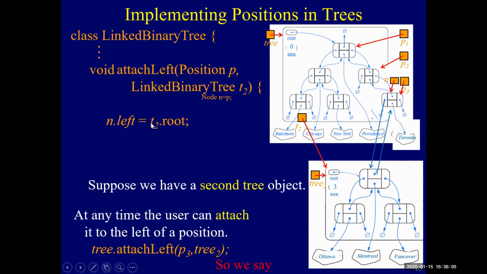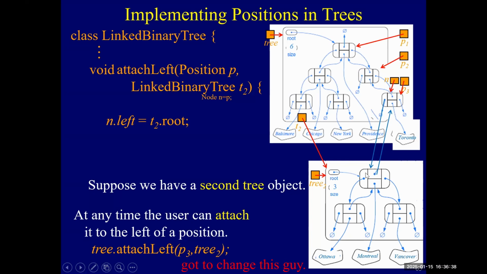So we say T2 dot root. T2 is this whole tree. T2 dot root is the value that's here. What value is here? Well, it's this node. So now this n dot left is this spot, and T2 dot root is this node. So now this thing is pointing here. Everybody good with that? Now we've got to do the other one.